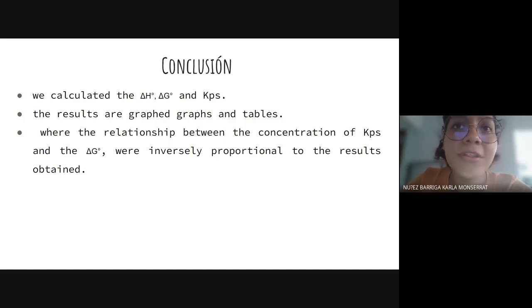Also, the enthalpy has a value of negative 305,284.8 joules per mole, and the variation of Gibbs free energy, delta G, has a value of 25.4978 kilojoules per mole.